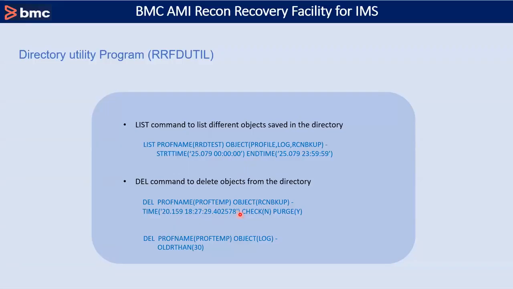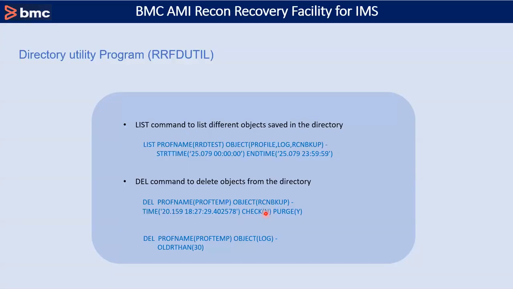In the delete, there are two other parameters, check no or yes. If it's check no, that means if it finds a match for the requested entry, it will go and delete it from the directory. If you say check yes, then it won't delete it. It will just report, okay, it's eligible for deletion.